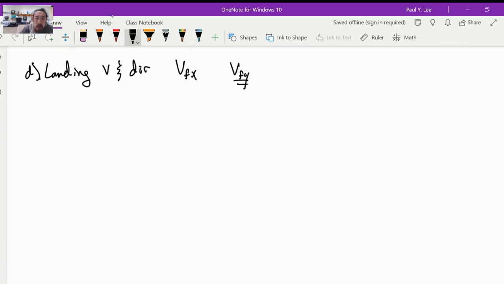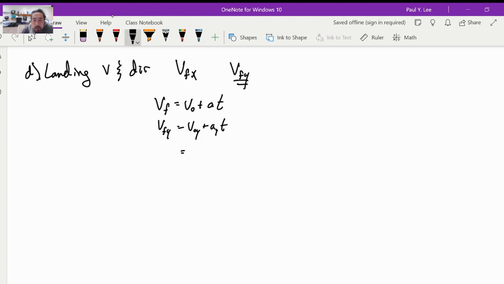In order to find this, we're going to use the kinematics table, and we need to find your final y velocity. If you look at this equation here, it has everything that we need to find the final y velocity. I'm just going to update it to represent that we are looking at the y-axis only. Vfy is what we're looking for.